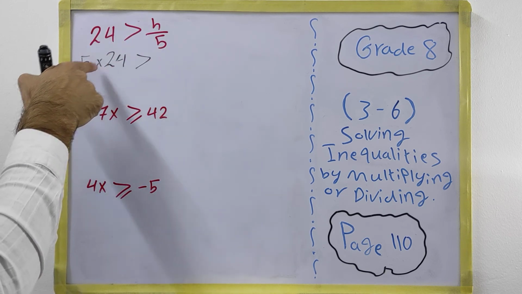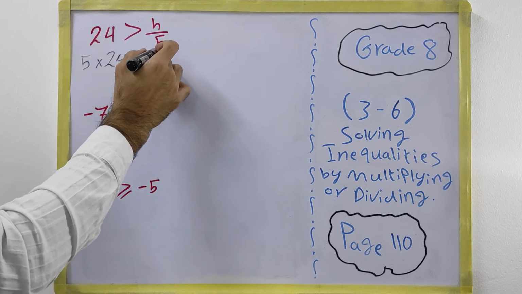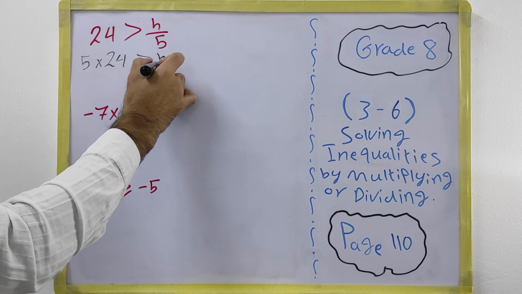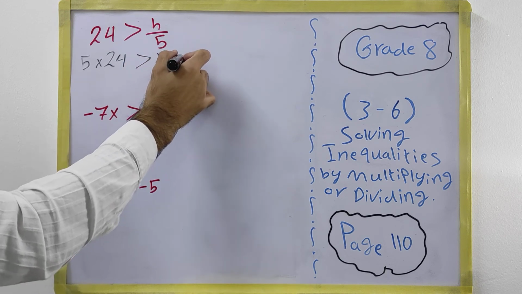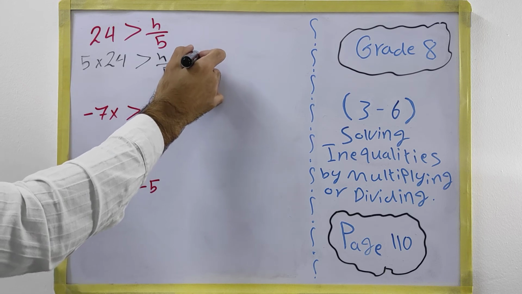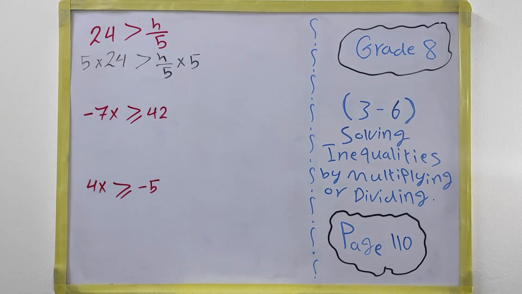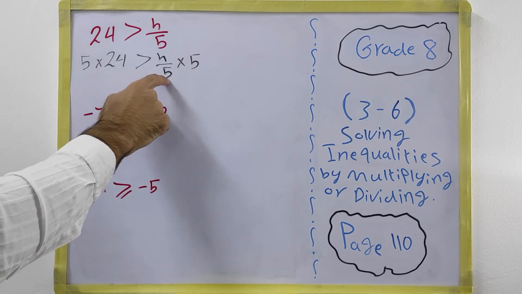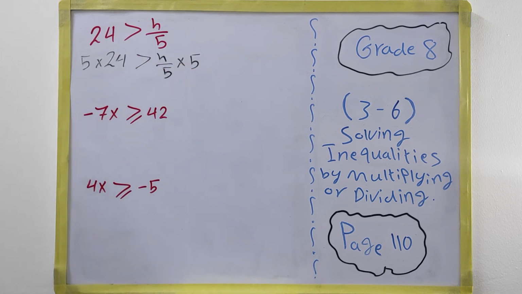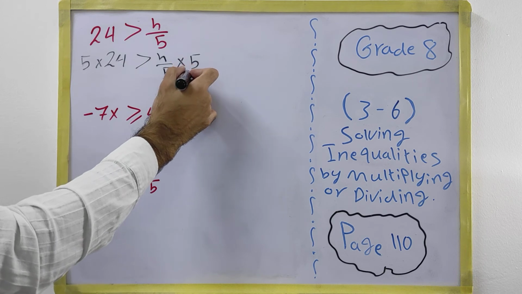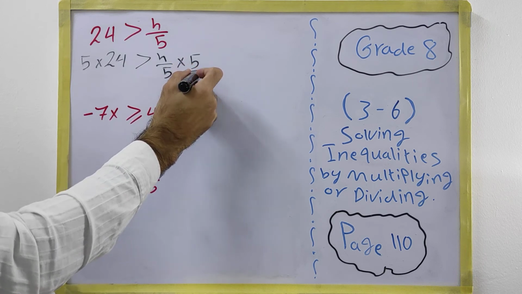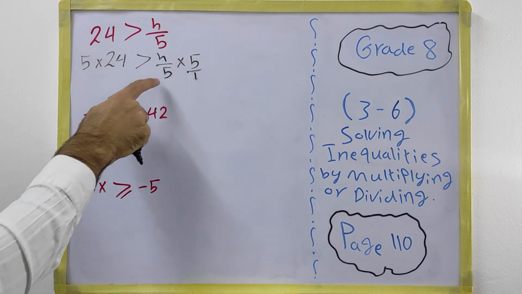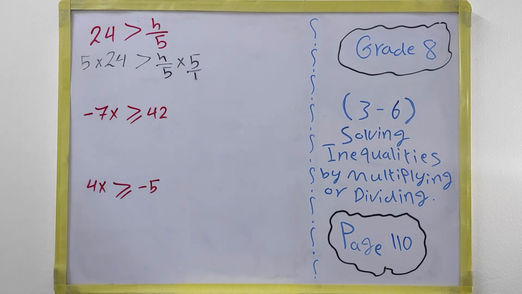We don't change the sign because we multiply both of the sides by a positive number. H over 5 multiplied by 5. Because it's in the denominator and this would be on the numerator, then we can cancel these two. In the result we would get only h.